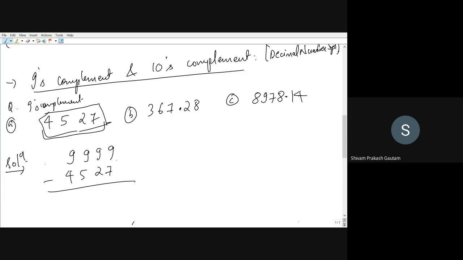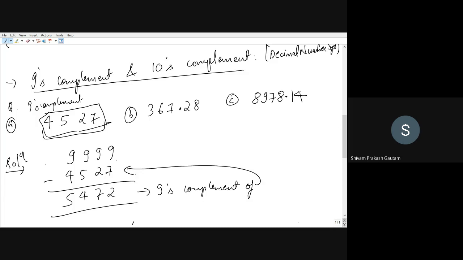So this will be equal to 27. If I make any mistake, you let me know. So this is the nines complement of this number. If you subtract it from the largest number within that digit count, it will give the nines complement.